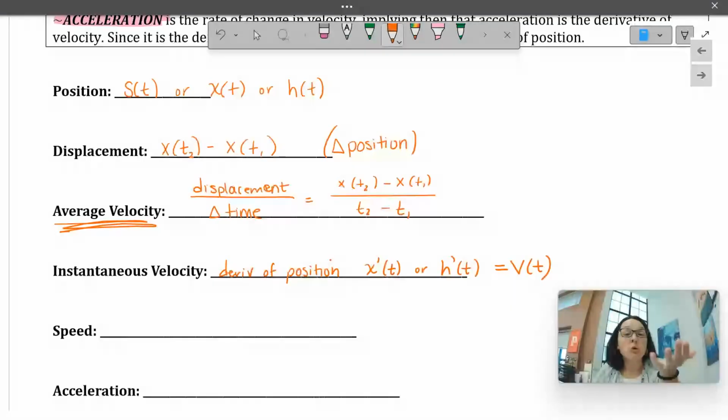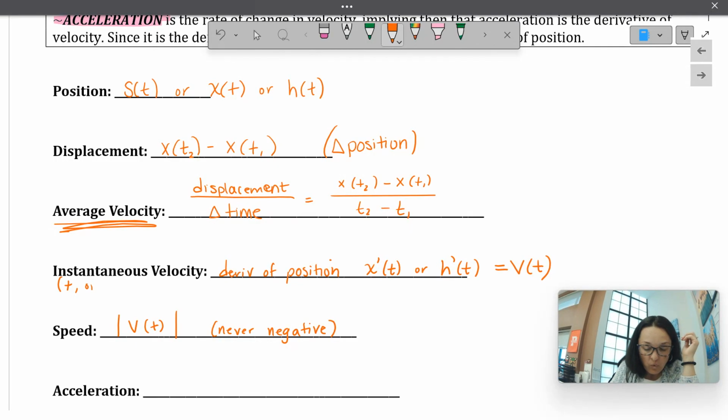Speed. Speed is always positive, except when we're stopped, and speed is 0. Speed is the absolute value of velocity. Okay? Speed is never negative. Whereas instantaneous velocity and average velocity can be positive or negative or 0. Speed is only 0 and positives.